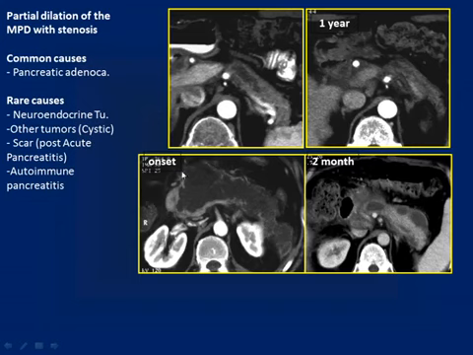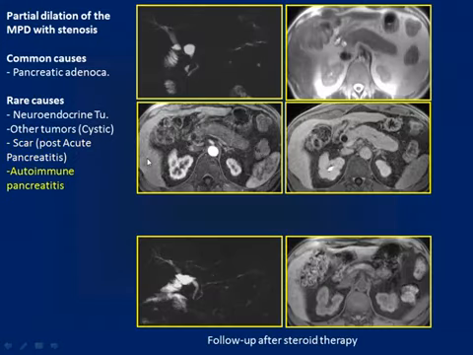This patient had an extensive acute necrotizing pancreatitis, which evolved positively with the resolution of this fluid collection, but a scar developed at this level. One year before, the patient had already some degree of dilation of the main pancreatic duct, and one year later there was a definite dilation, and so this was a case of scar post-acute pancreatitis.